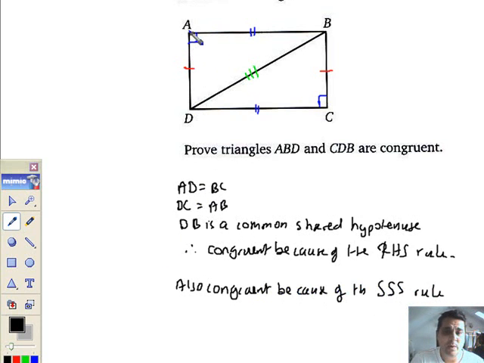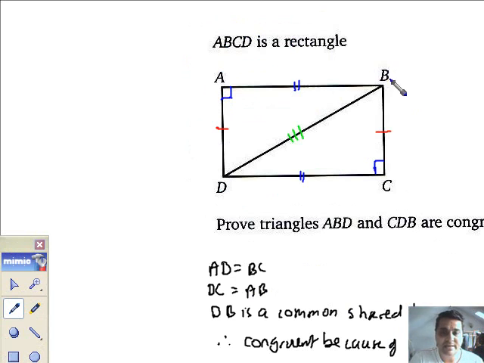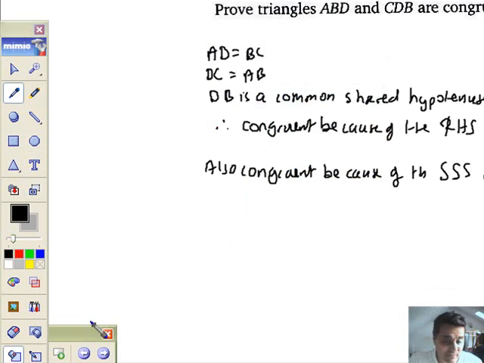So I can say quite quickly, like I said before, AD is BC, one side, AB and DC are the same, other side, and BD belongs to both of them and is sharing it, so side rule. So that's all there is to it, really.